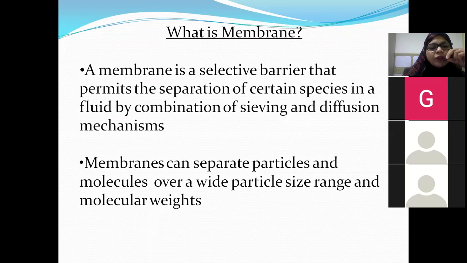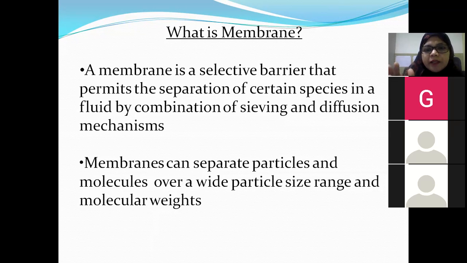These are heavy, bigger molecules. So these can be separated over a wide range of particle sizes and molecular weights. Depending upon the size of the particle we want to separate, we have to select the membrane.